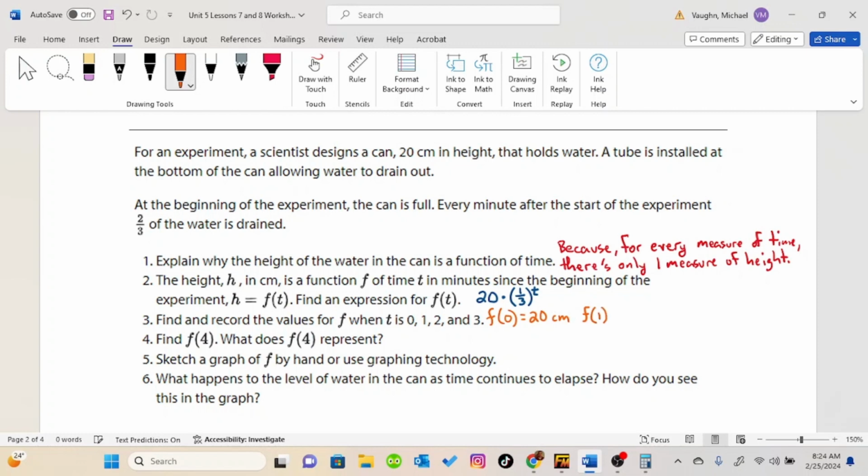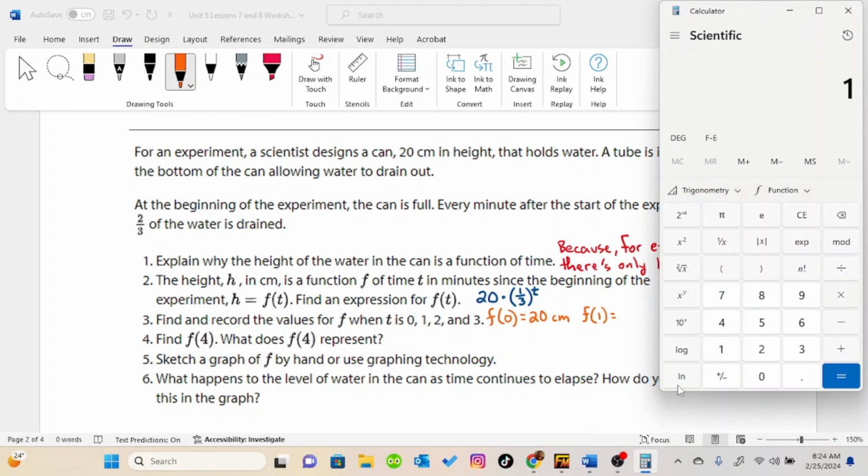F of 1 would be 1 minute later, so 20 times 1/3. So that equals approximately 6.7.